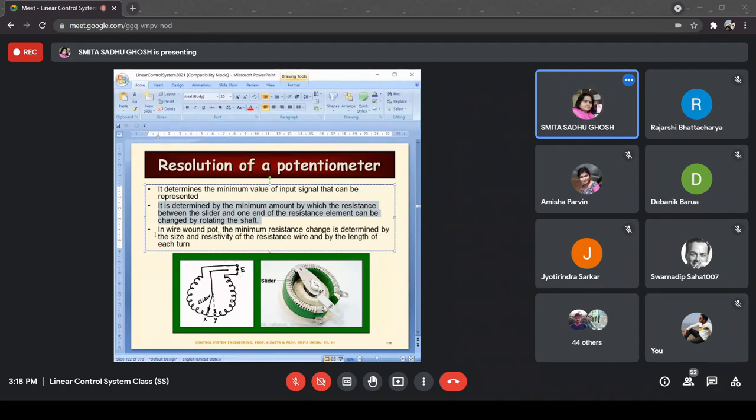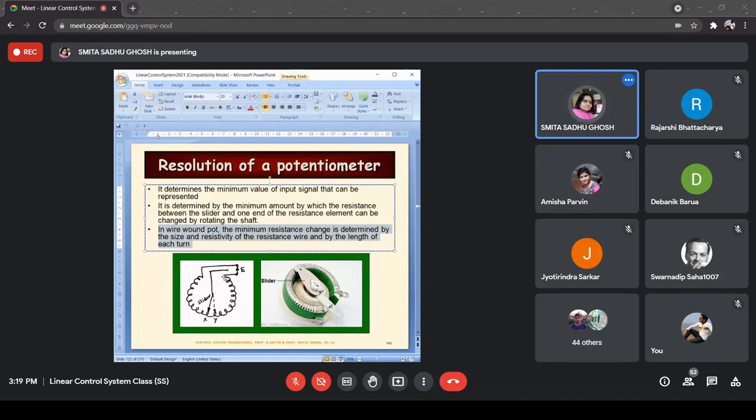In wire wound pots or potentiometers, the minimum resistance change is determined by the size and resistivity of the resistance wire and by the length of each turn. So basically, the minimum resistance which can actually be indicated at the output side when you have wire windings like this one has a limitation, and the resolution value is going to be determined by the size of the coils, the resistivity of the resistance wire, and by the length of each turn.